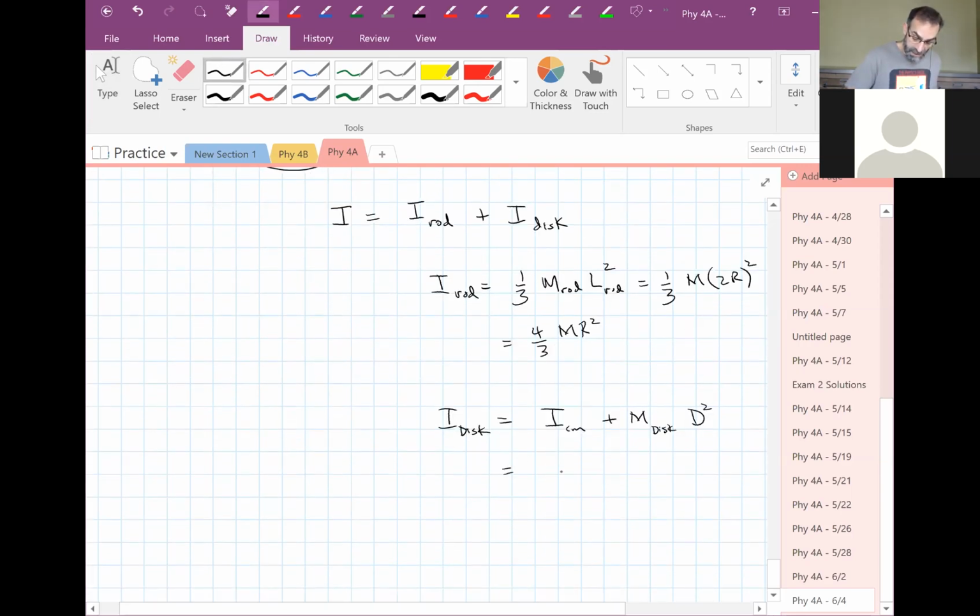I center of mass. What's the disk rotating about its center point? This is a solid disk rotating about its center point: 1/2 mass of the disk times the radius squared. And we're adding to that the mass of the disk times d squared, which is 3r squared.